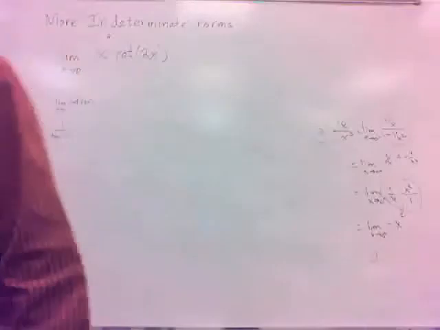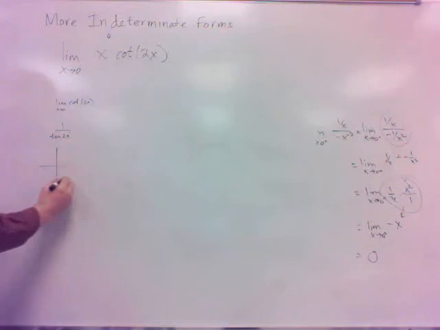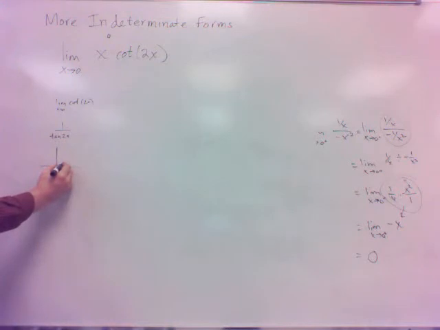I'll bring my calculator, but 1 over the tan of 2x. Just looking at x approaches 0. What does it look like here? Let's see, tan. Tan does this. And so flip that around.